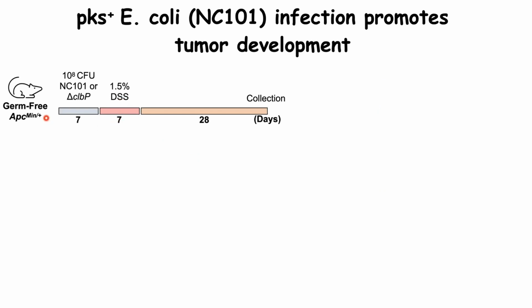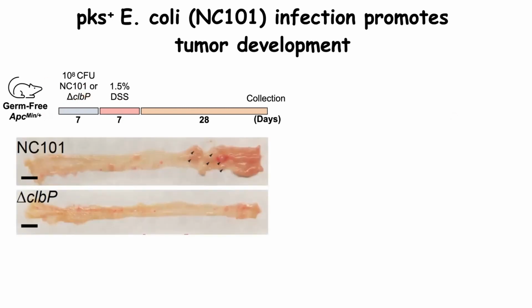And because they are germ-free, it's easy to introduce our bacteria, NC101. So we introduce NC101 that is PKS positive, or the strain that doesn't have the enzyme that activates the drug. So one is able to produce colibactin, the other strain is not, okay? And what we did, we let the system go, and you could see here by pictures, the number of tumors here.